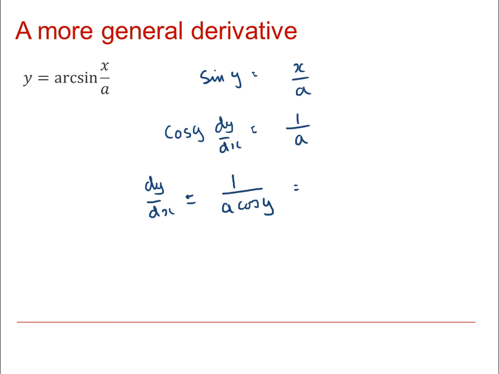We can then use the same trig identity that we did earlier to say that this is equal to 1 over a multiplied by the square root of 1 minus sine squared y.